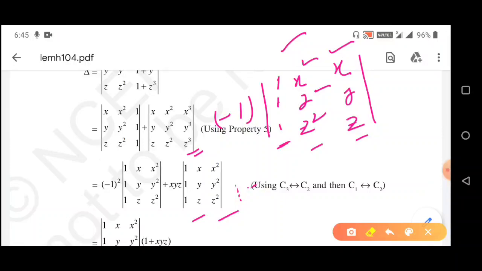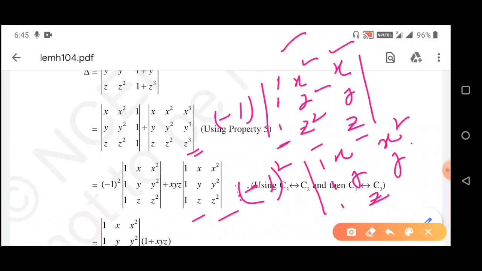So if we multiply minus 1 again, it will become minus 1 square. Now 1, 1, 1 will remain the same. In place of x square, y square, z square, we will write x, y, z, and in place of x, y, z, we will write x square, y square, z square.